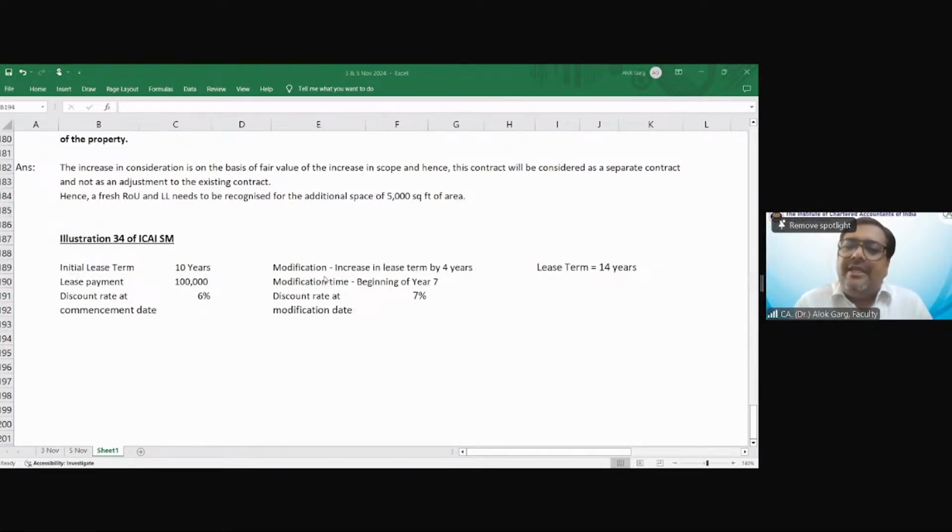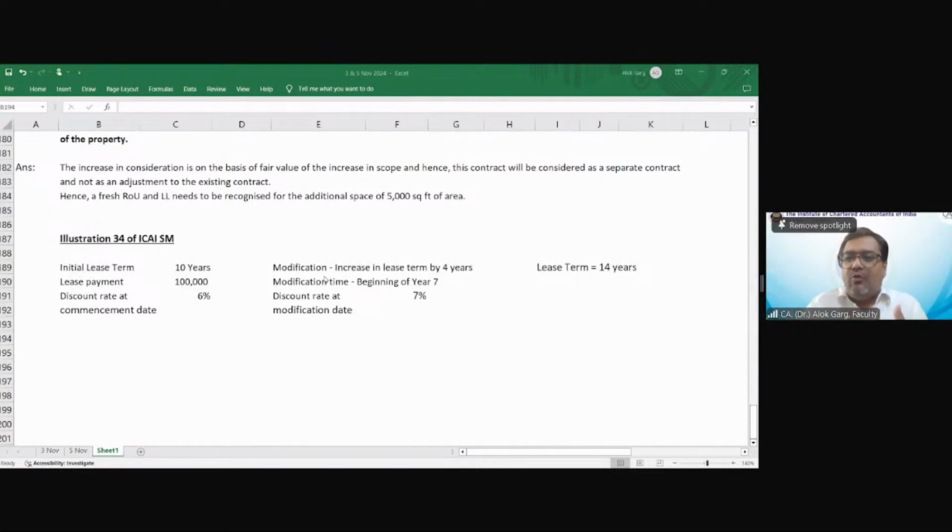So logically, when we consider the time value of money at the beginning of the transaction, at the commencement date, the horizon was a 10-year period, right? Today I have extended this by 4 years. So if I have to take a loan, what is my incremental borrowing rate?